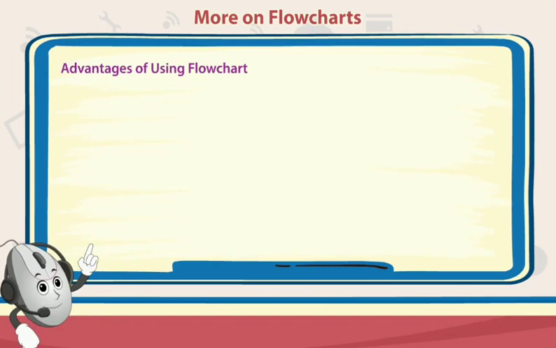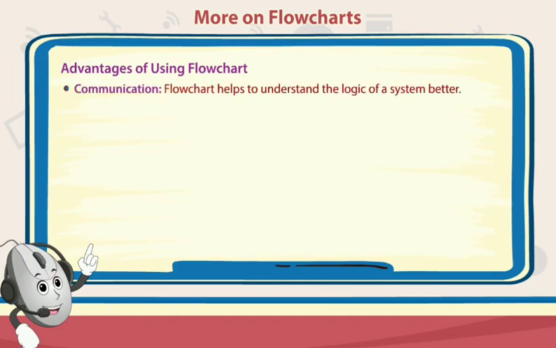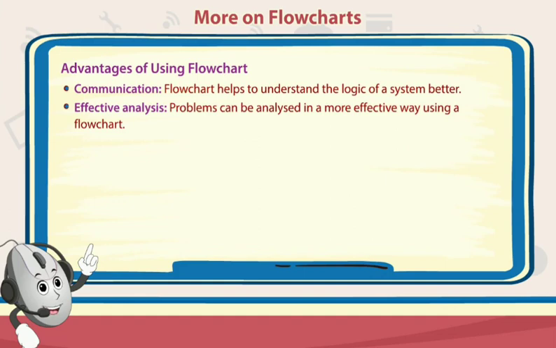Now let's learn the advantages of using flowchart. Communication: flowchart helps to understand the logical system better. Effective analysis: problems can be analyzed in a more effective way using a flowchart.